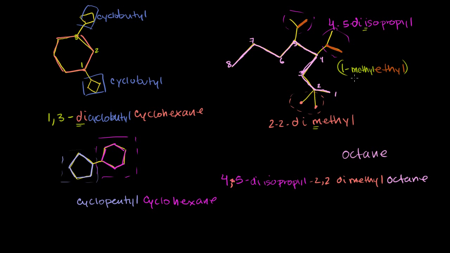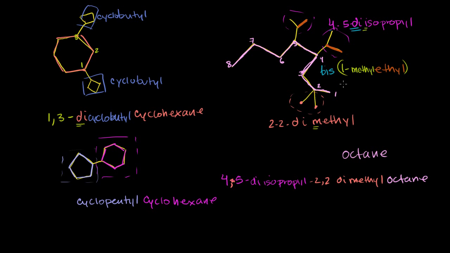When you're using systematic naming, you don't say di-1-methylethyl, although that probably would get the point across. You use bis. Since we have 2 of them, instead of writing di, you write bis, 1-methylethyl. That means you have 2 of these things right there, and it's still in the 4 and the 5 position.